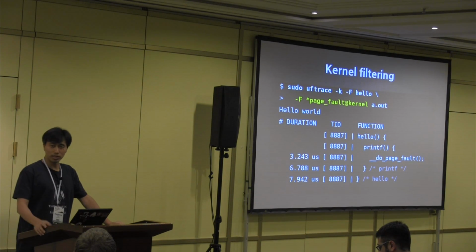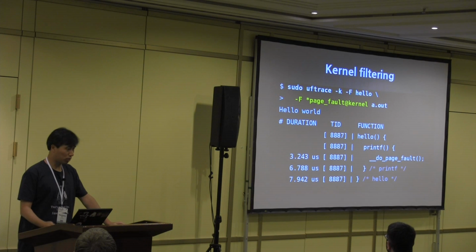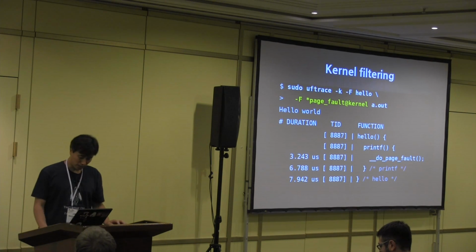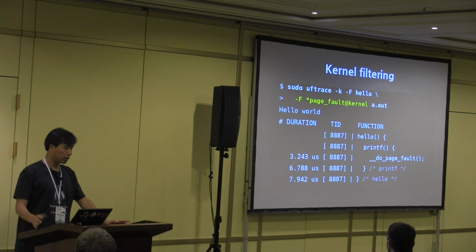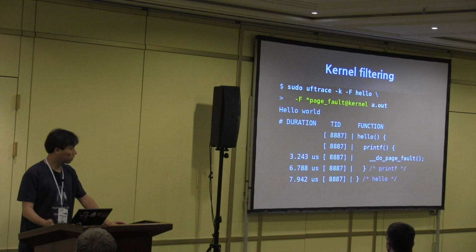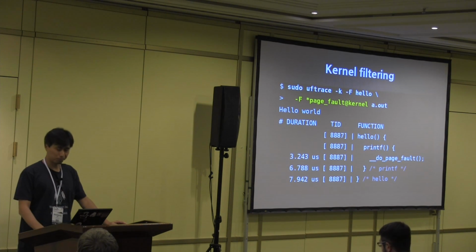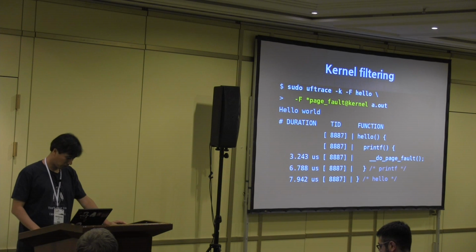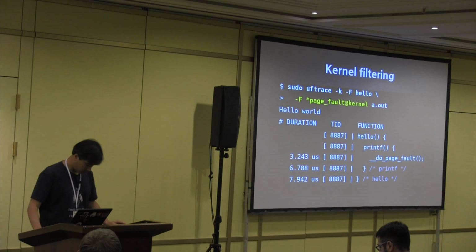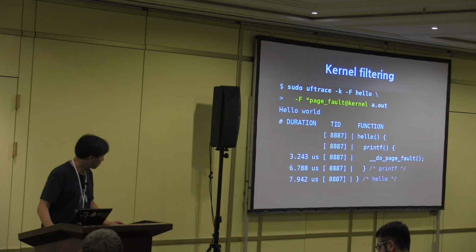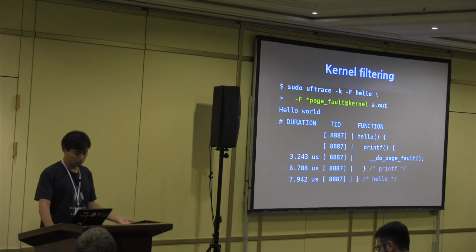I know recently a patch was posted to support full glob matching, but it will take time to be applied. So anyway, the F option and N option of function filter in Uftrace also support kernel functions. So in this case, printf calls write, but it was filtered out.